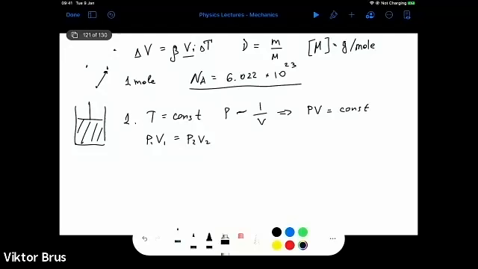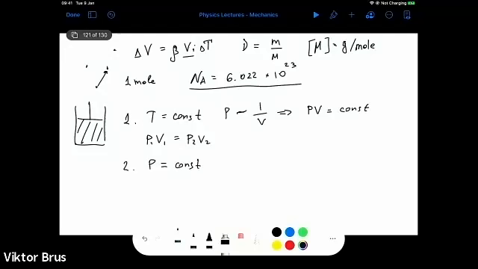So now let us consider another case. This is the so-called isochoric. Sorry, this will be the last one. Let's go for the isobaric process, when we have constant pressure.